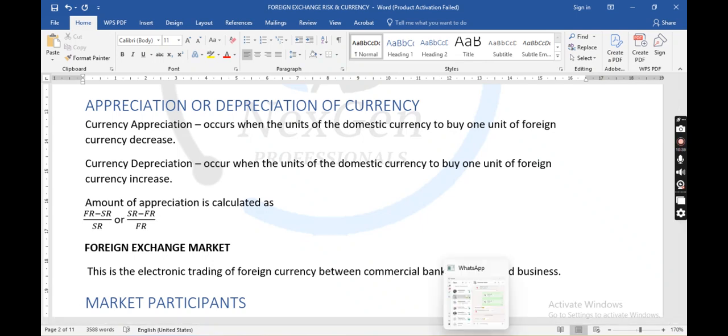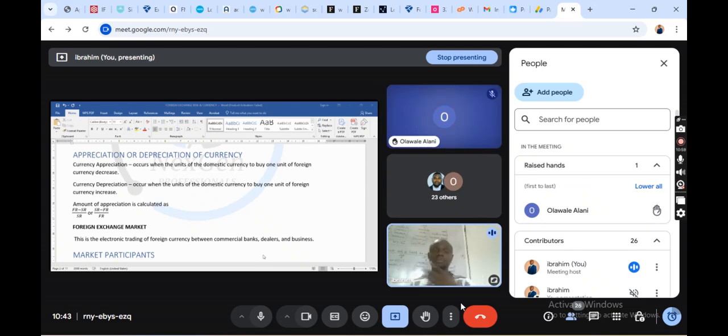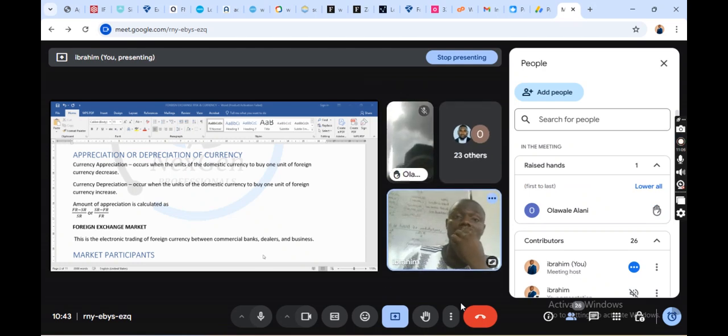Okay, sorry, let me just leave it. Let's move ahead, please. Sorry, I wanted to add something to the appreciation, so I'm thinking if I should add it to the interest rate parity, then appreciation percentage, depreciation percentage. Where should I put it? Okay, let's just move ahead. Okay, Olawale.